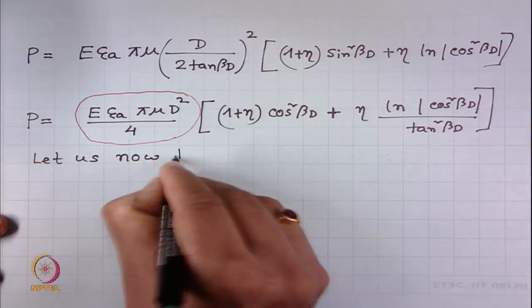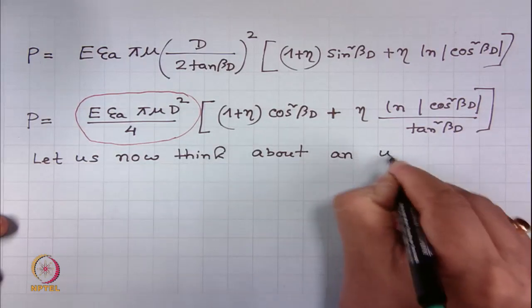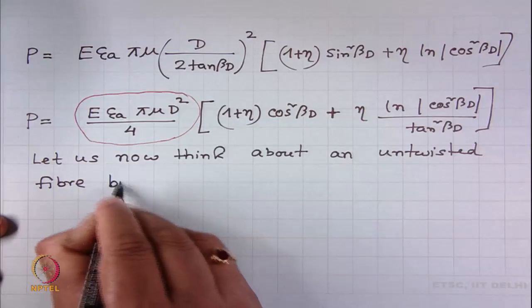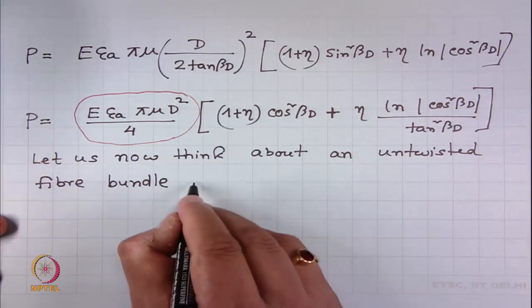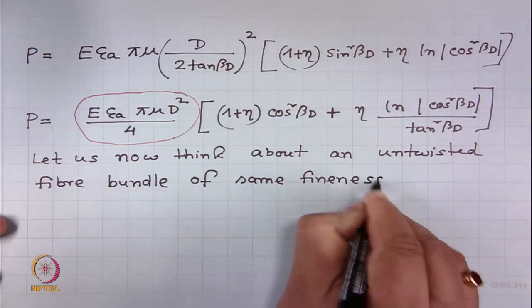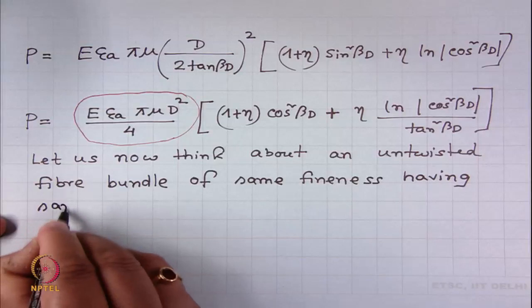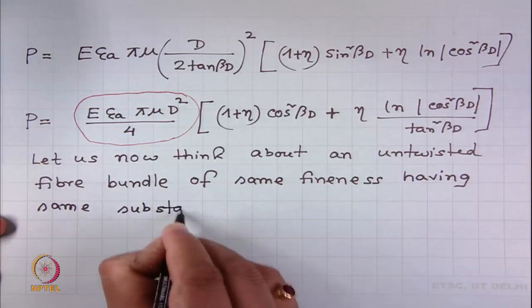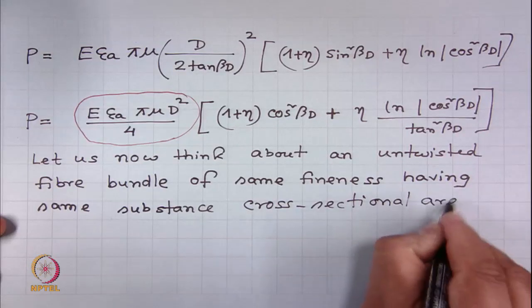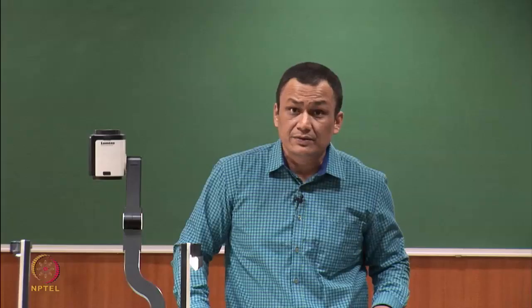Let us now think about an untwisted fiber bundle, that means parallel fiber bundle of same fineness having same substance cross sectional area.